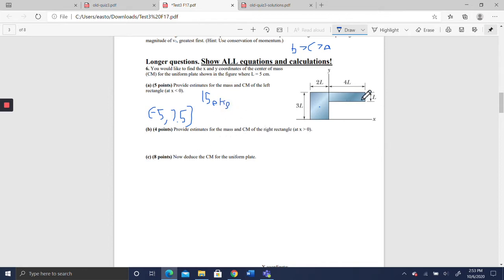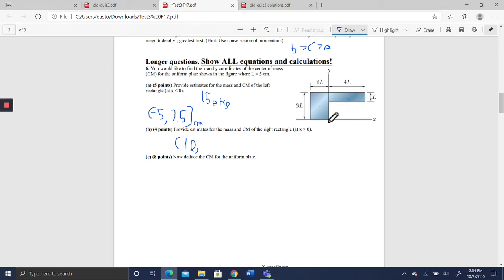And now they want you to do the same thing for this one. So let's do the x-axis first. That is 2 times 10. It's in the middle once again. That is 10. Also make sure to put these in centimeters. So both these are in centimeters. Now for the y. So this is in the middle, so it will be 0.5 from this point.